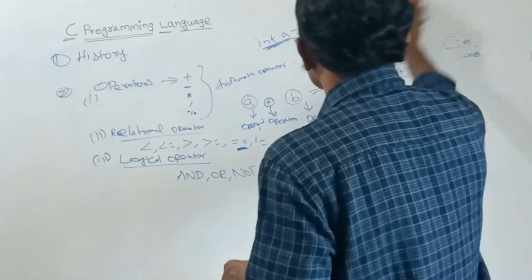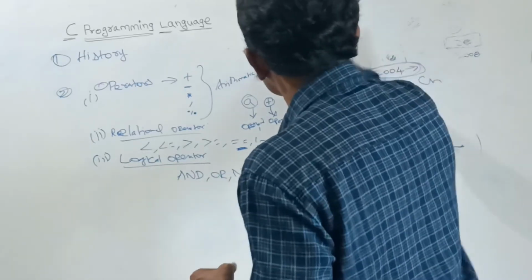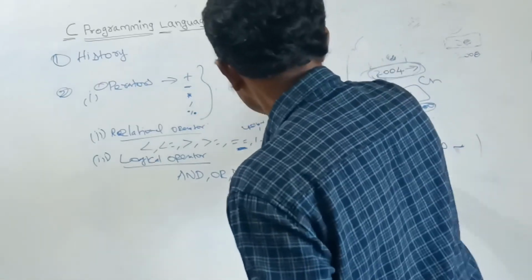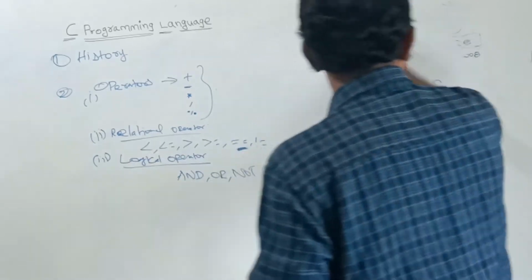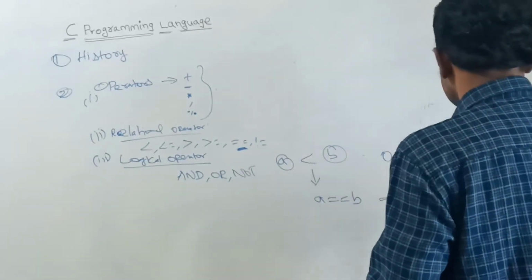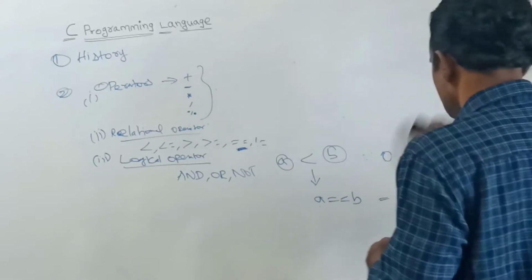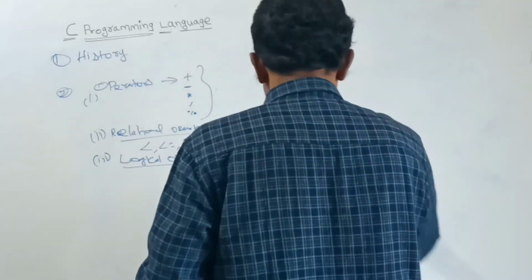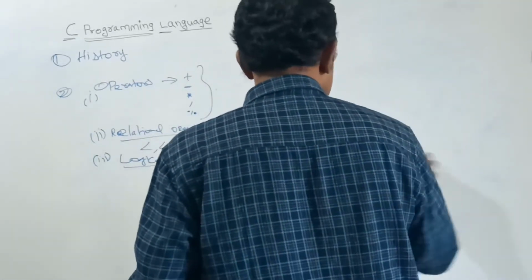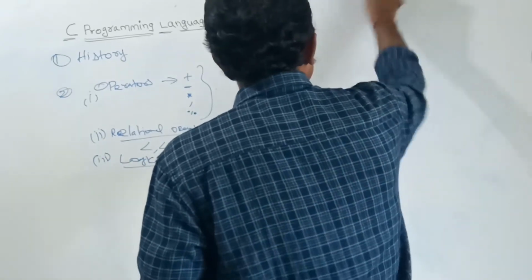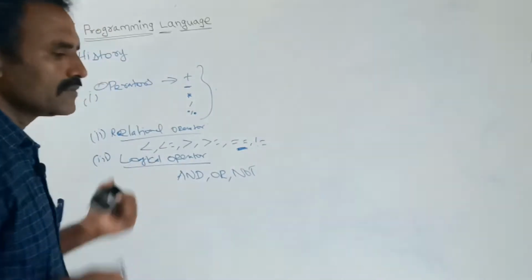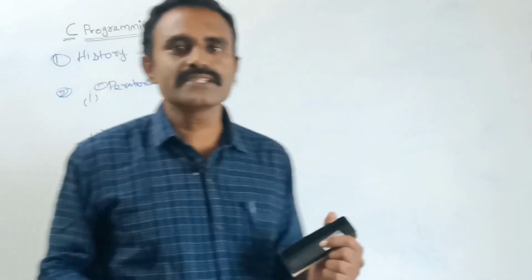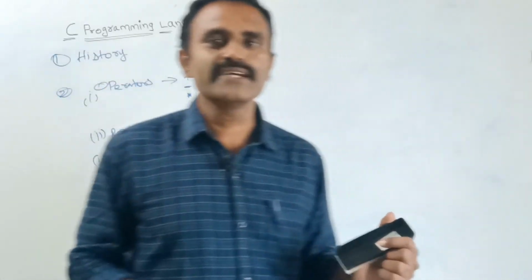In the AND operator you should remember one thing: both the conditions should be true. Suppose you are checking the operands, both the operands should be true. In that case the return value will be true. This return value is also boolean. If any one operand is false, then the return value will be false.